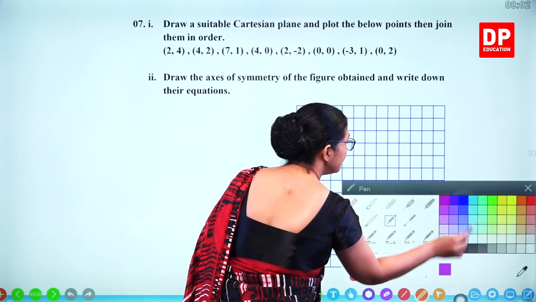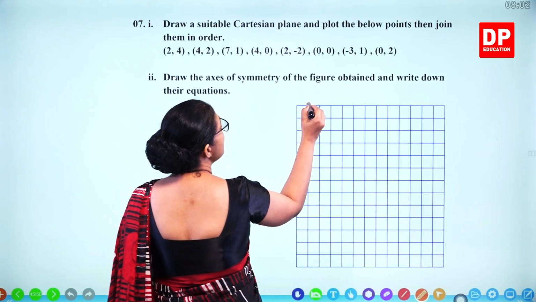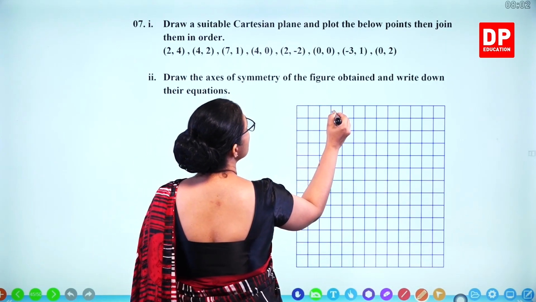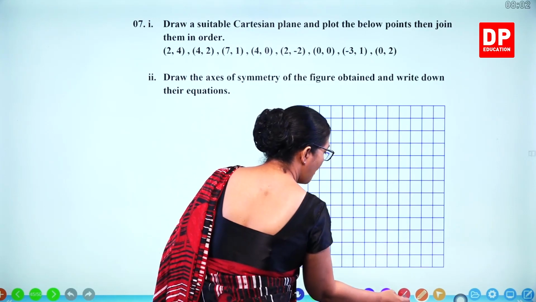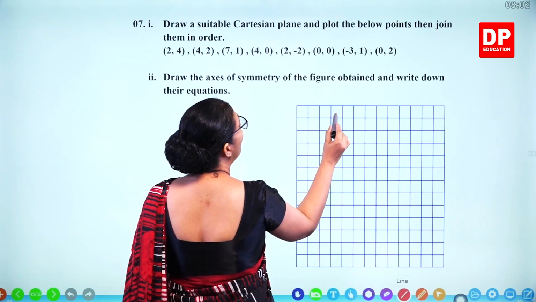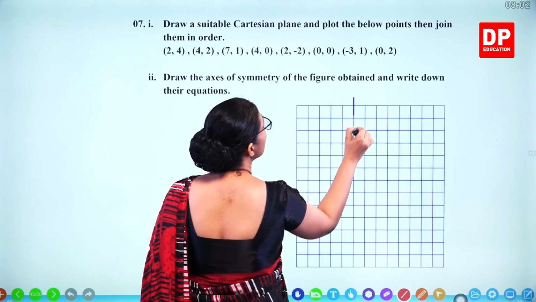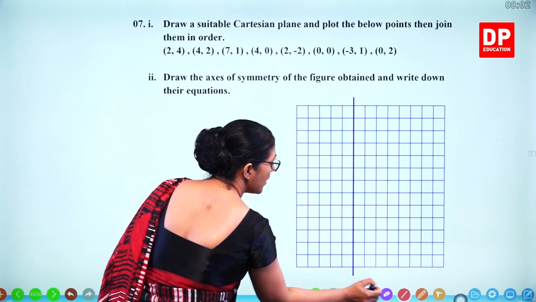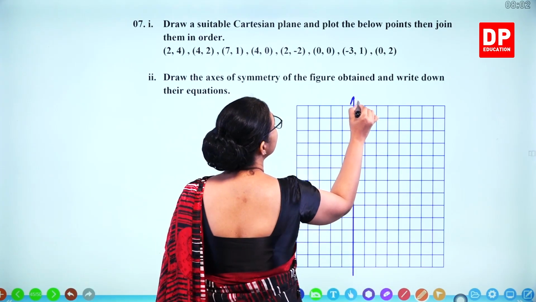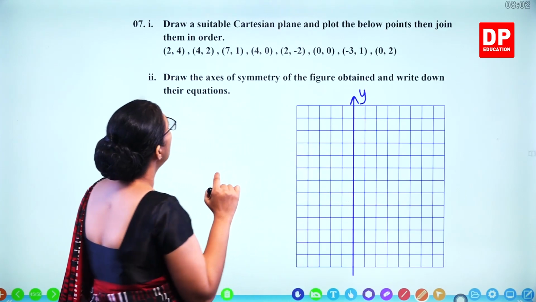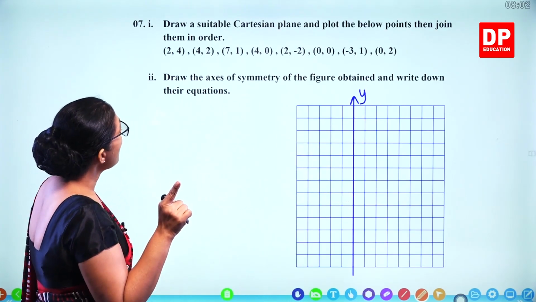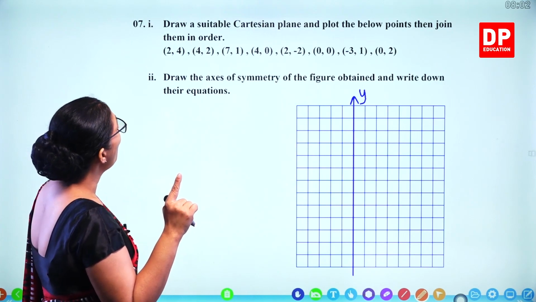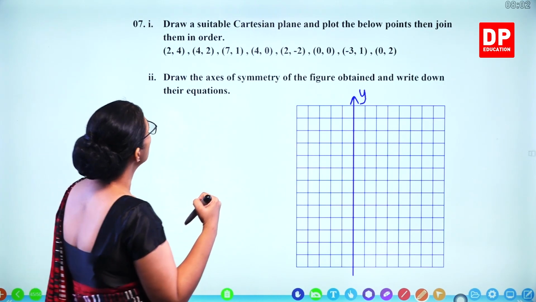Starting with minus 3 here, minus 3, minus 2, minus 1, 0. So here I can draw the y-axis. And look at the y values, the maximum is 4 and the minimum is minus 2.